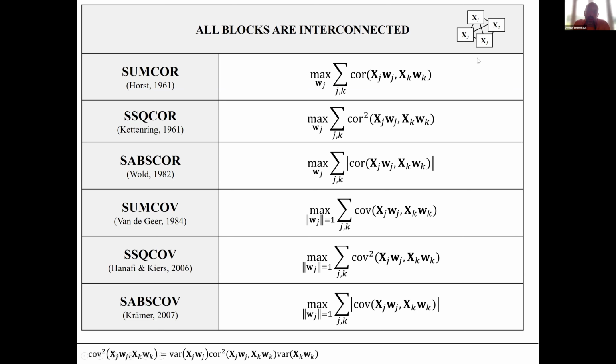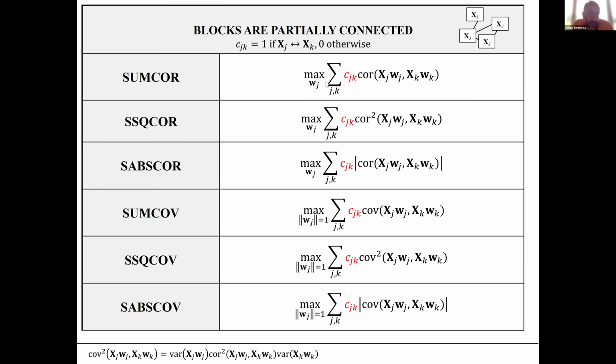Maybe we can modify this method a little by introducing a network of connections between blocks. You can introduce Cjk. Cjk is equal to 1 if block J is connected to block K, and Cjk is equal to 0 if block J is not connected to block K. So you offer the flexibility to the user to design the network of connections between blocks by introducing the Cjk.